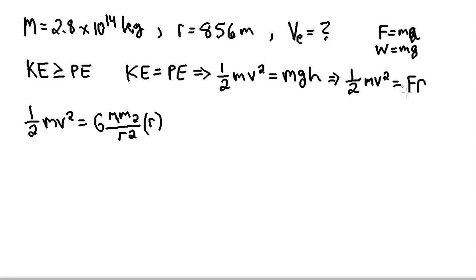So this whole thing right here was replaced by this whole thing right here. I believe in the last video I showed you that g is equal to all of this right here: Newton's gravitational constant multiplied by mass divided by the square radius. So m, and then this is all g, and then h, or now we're talking about r.